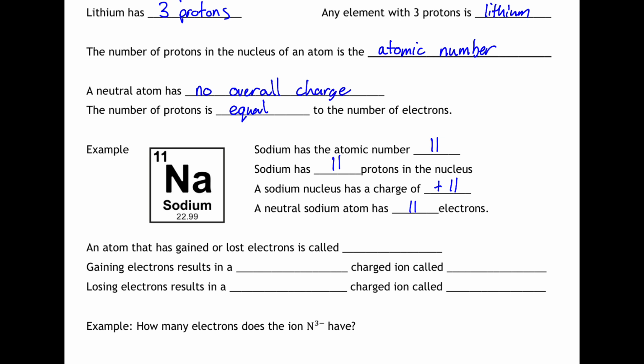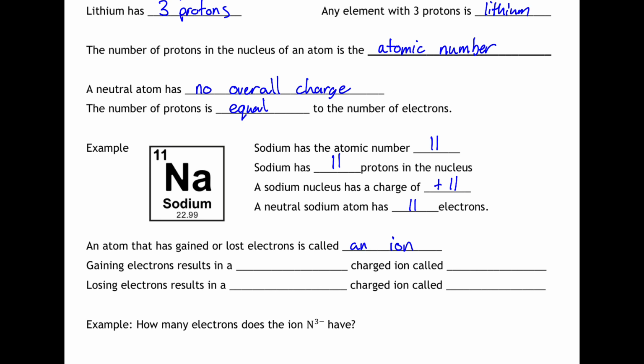An atom that has gained or lost an electron is called what? So if a sodium doesn't have 11, what's it called? It's called an ion. Gaining electrons, what kind of charge will you get? Negative charge. So you get negatively charged.